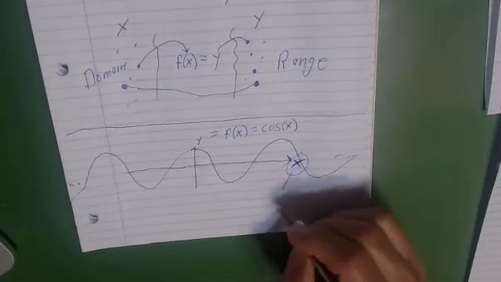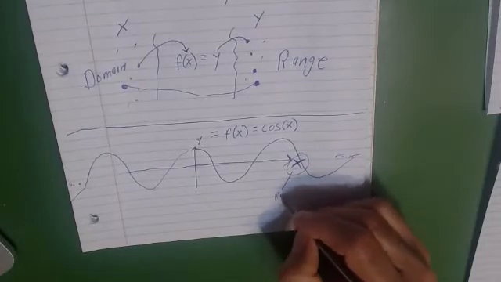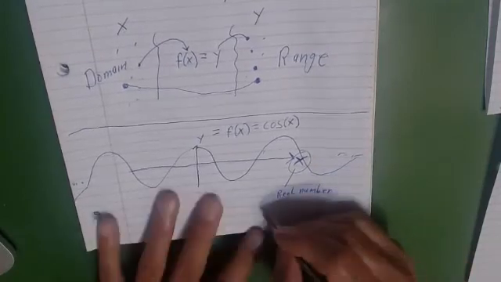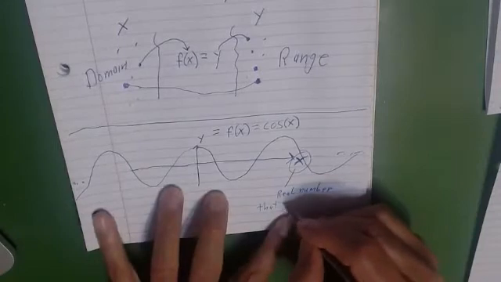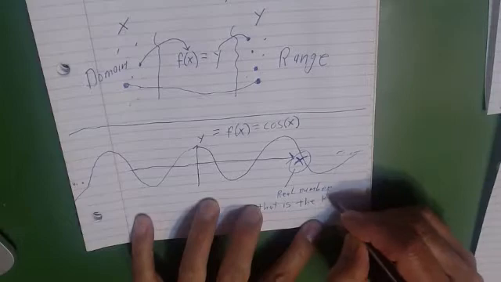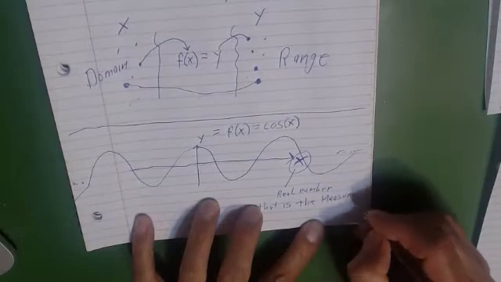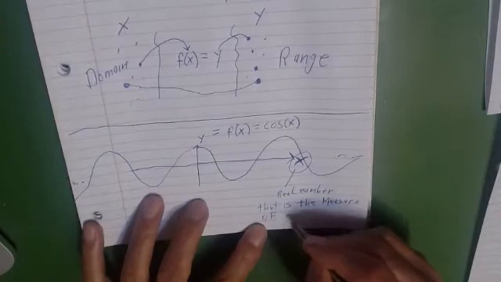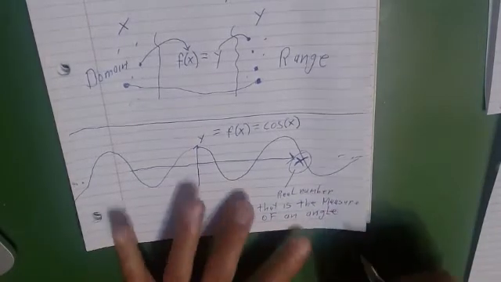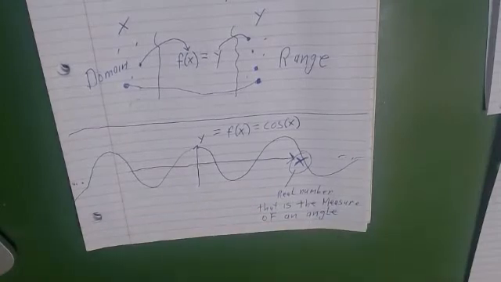X is a real number that is the measure of an angle, okay? And this is why this stuff gets really confusing, because of the notation, all right?